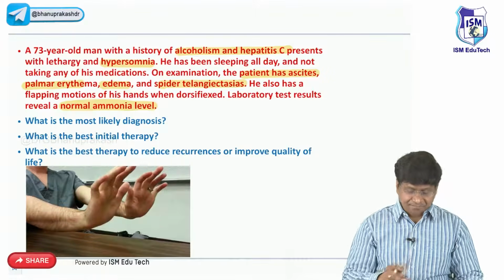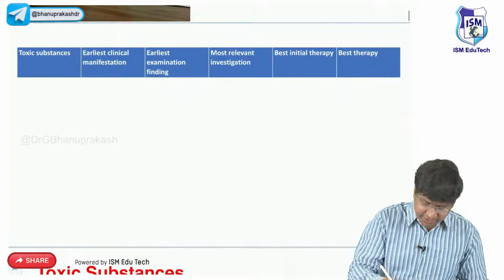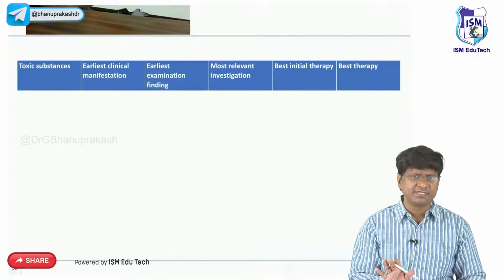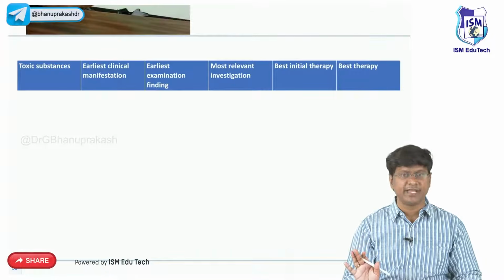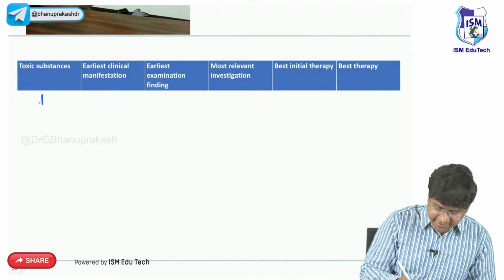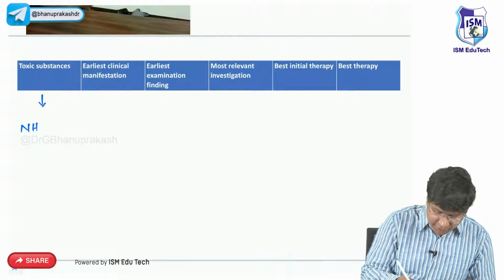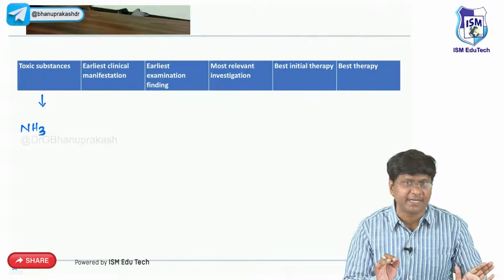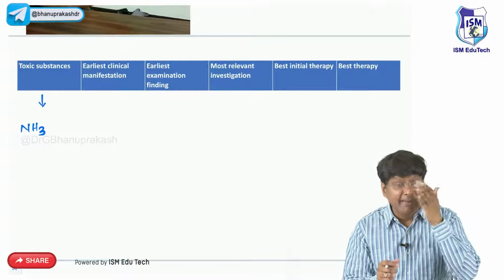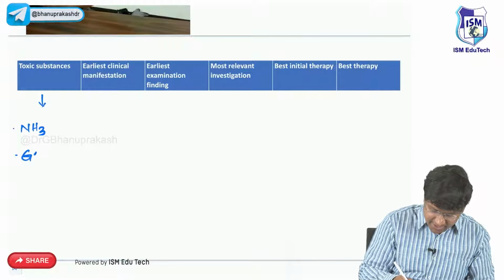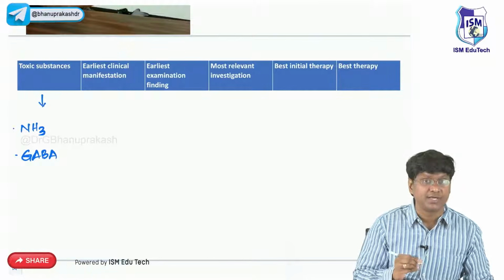Okay. Now, if you see the first important thing, that is the toxic substances. What exactly is that? Alcoholism is there, hepatitis is there, very much suggests you have hepatic encephalopathy. But you take these toxic substances. Definitely, ammonia is one of the most important toxic substances that will be responsible for development of hepatic encephalopathy. But apart from ammonia, you have many other substances like gamma amino butyric acid, that is your GABA.